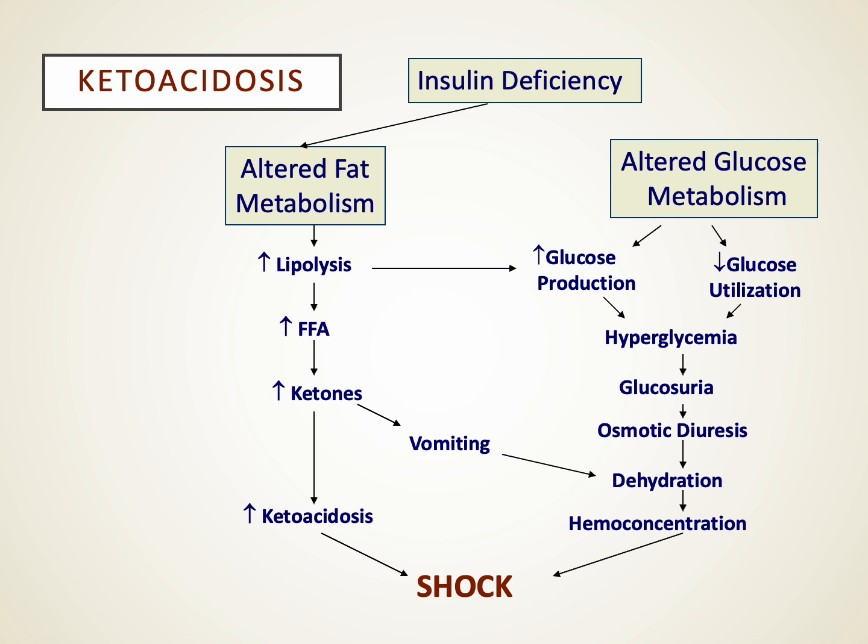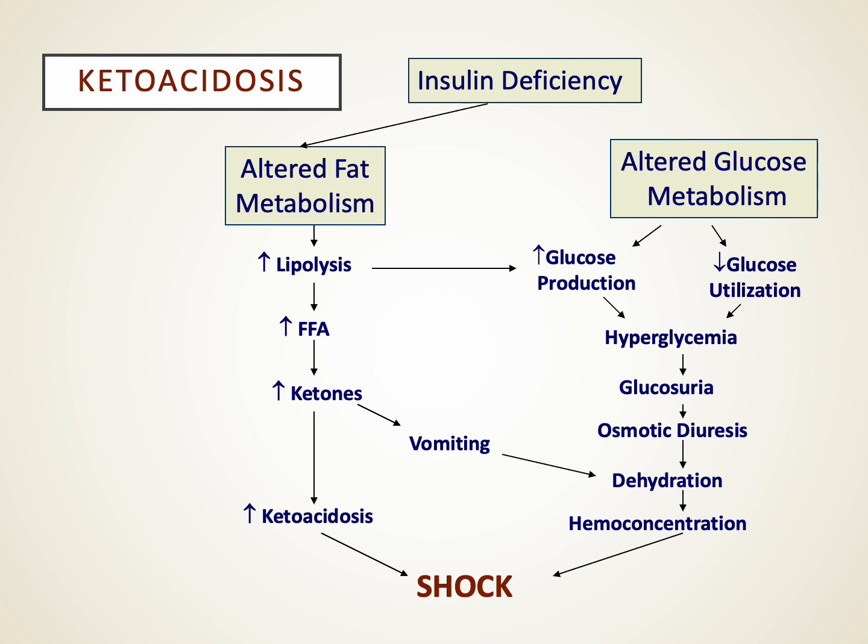So let's first look at patient and outcome risk for patients who have diabetes, particularly type 1 diabetes, but this could also be seen with patients to some degree with type 2 as well, is the risk for ketoacidosis. Typically, a type 1 insulin deficiency patient will present often with altered fat metabolism and altered glucose metabolism, which results in elevated glucose levels in the bloodstream, hyperglycemia that spills into the urine and ends up with a glycosuria, osmotic diuresis, and a patient becomes dehydrated.